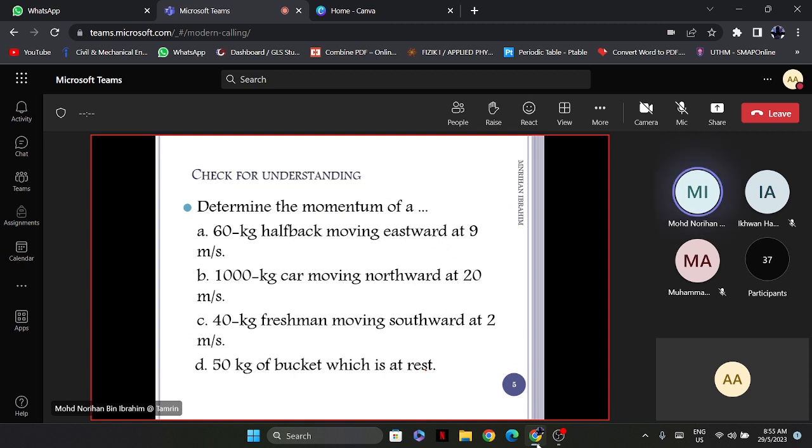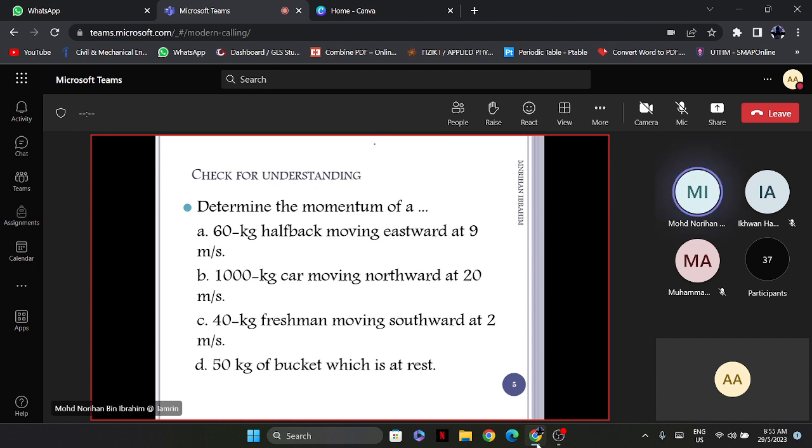Okay, here is a quick check for understanding on how we apply momentum. How do we calculate the momentum of a 60 kilogram halfback moving eastwards at 9 meters per second?